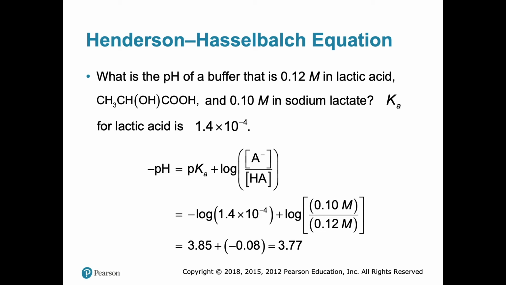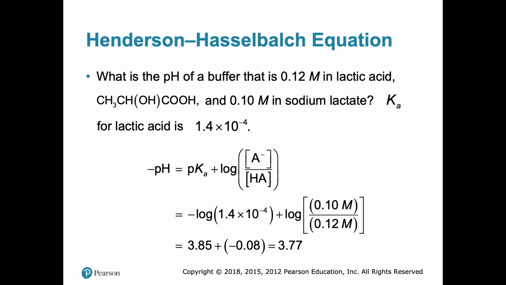So it's really simple, right? Because you're usually given a Ka, or you can find it in a chart, okay? And then you're given the lactate concentration, which is 0.1, goes at the top, right? And then you get the initial concentration of the acid, which is 0.12, put it at the bottom, right?